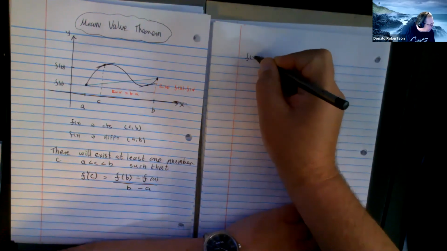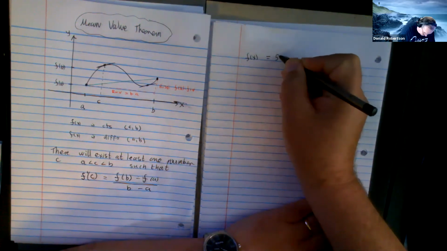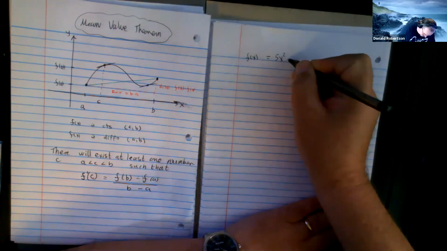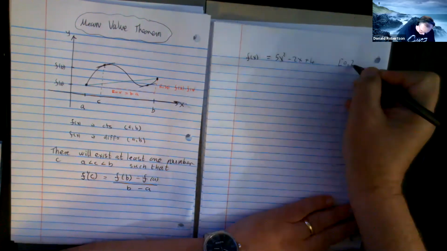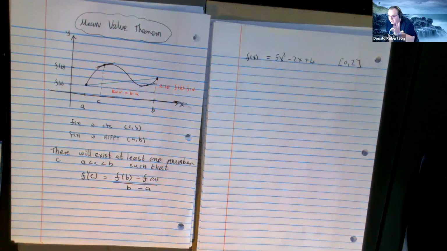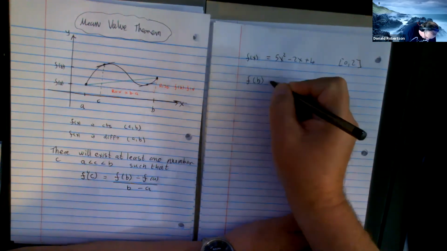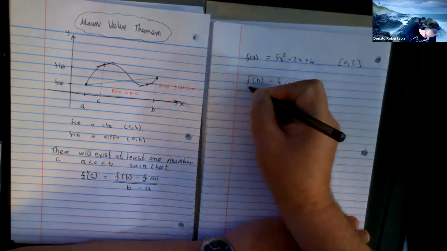So let's take a function that doesn't have an awful lot going for it, a nice quadratic, and it starts at 0 and it finishes at 2. Would you agree that this function is continuous and differentiable? Just because it is, it's pretty obvious. Now, I'm going to find the average value from the start to the finish, right?